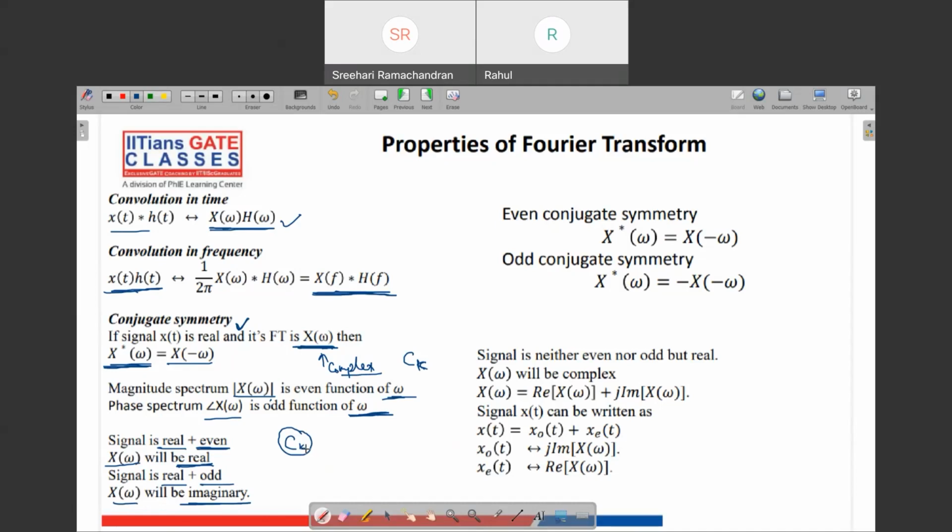So the same property that we saw for c k is repeating here. Now in general, x(t) will be a combination of odd plus even. So when you calculate the Fourier transform, which is a complex number, it will have a real part and an imaginary part. You get the real part because of the even component of that signal, and you get the imaginary part because of the odd component of the signal.